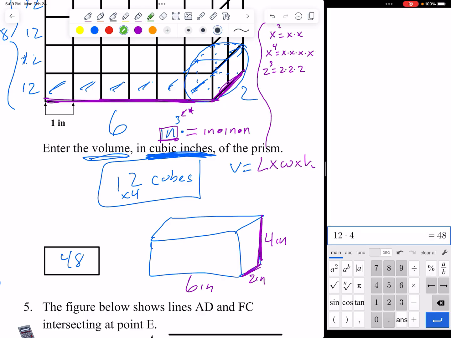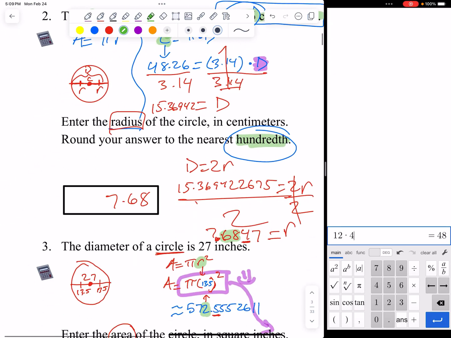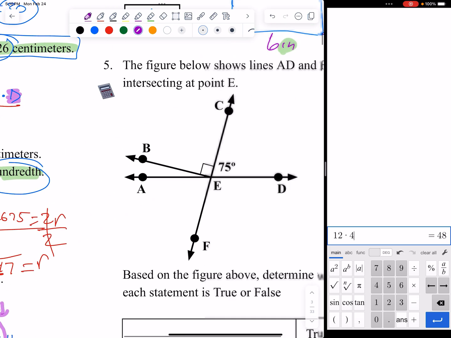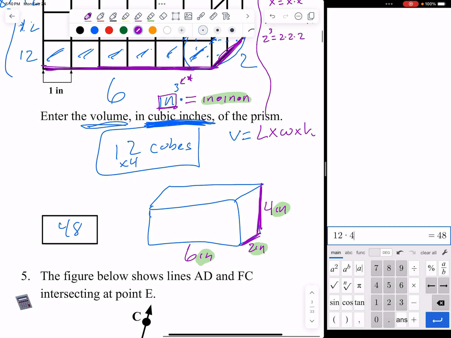So can you see that I am multiplying inches times inches times inches? Wow, that is what I'm talking about, a hint. The other one, they told you it is in square inches. So if it's square inches, you should have multiplied inches times inches. And that's where that comes in. Inches squared. All right, enough with the mini lesson.